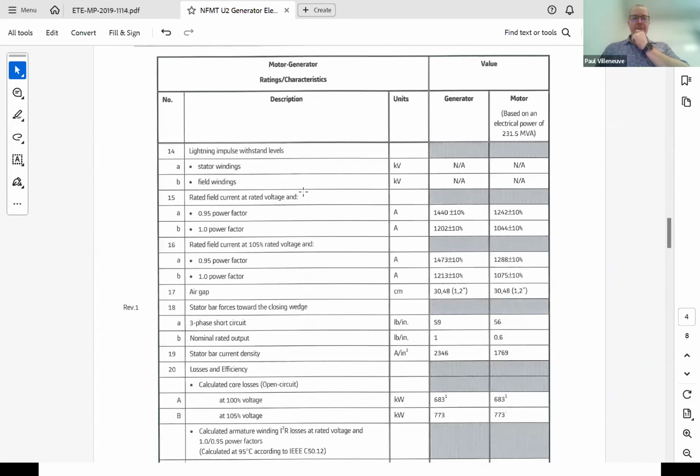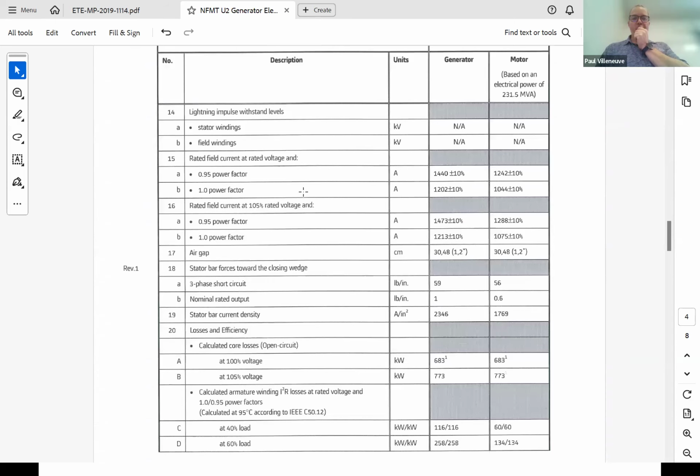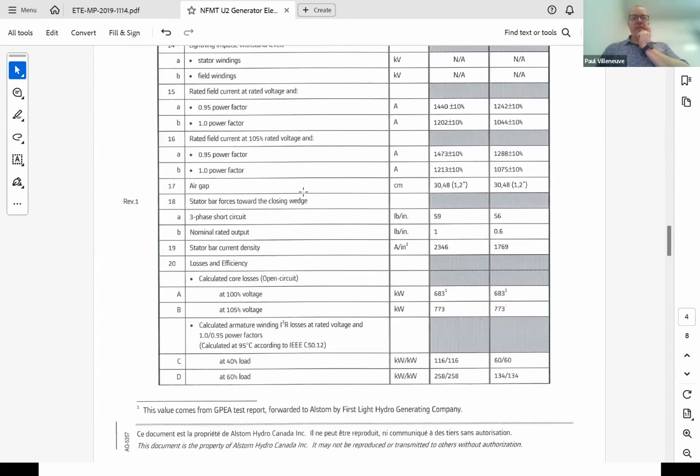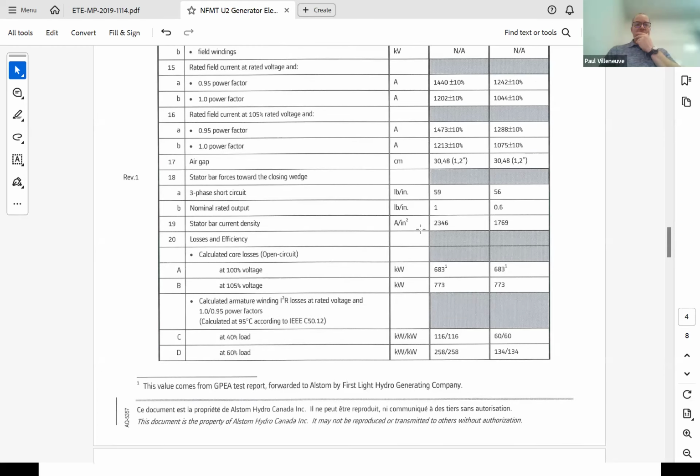Lightning impulse. We have kind of interesting here. This tells you a three-phase short circuit. And it tells you, I guess, maybe what the force would be on the stator bar conditions. So under a three-phase short circuit, it tells you how much force is applied in inch pounds on the stator bars. Current density, take a look at the current density. This is amps per square inch, so you can get a sense of that.